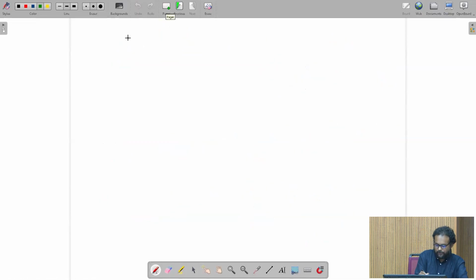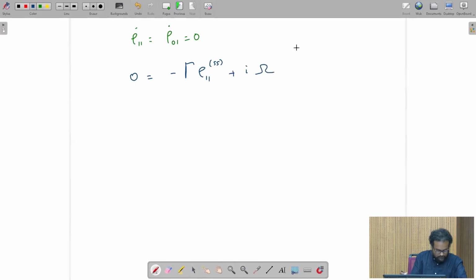So in a steady state solution, you are continuously driving the system, so much so that your rho 11 and the others are all stationary. So if I substitute that in both the equations, this will be 0 equal to minus gamma rho 11 steady state plus I omega rho 01 steady state.